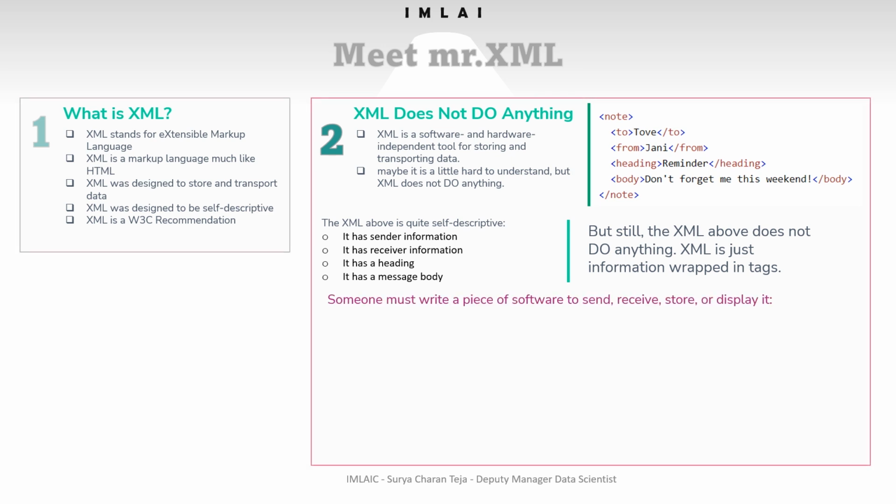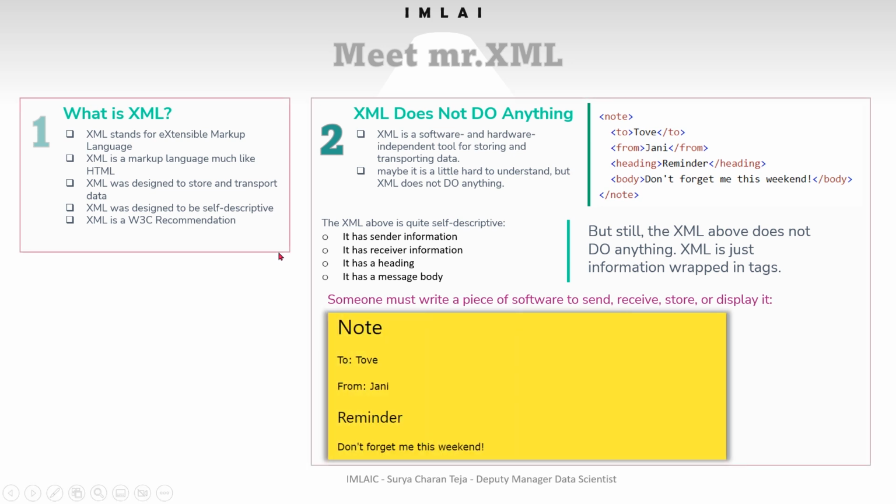XML is just information wrapped inside the tags, nothing much. XML is just the information. Here you see this example, it's the information which is wrapped inside the tags. So someone must write a piece of software to send, receive, store or display it. So this is a note, to this girl, from this guy, a heading that is a reminder, and don't forget me this weekend.